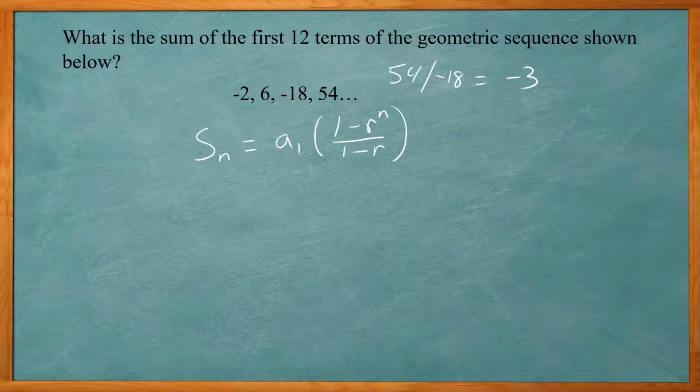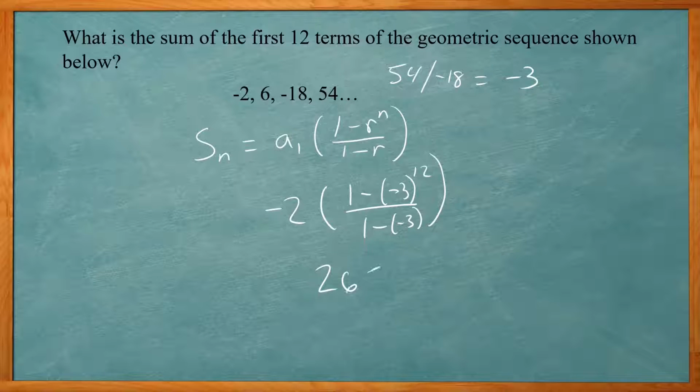So r was negative 3, a_1 is negative 2, so negative 2 times 1 minus negative 3 to the 12th power over 1 minus the negative 3. And if you put that in your calculator, you get 265,720.